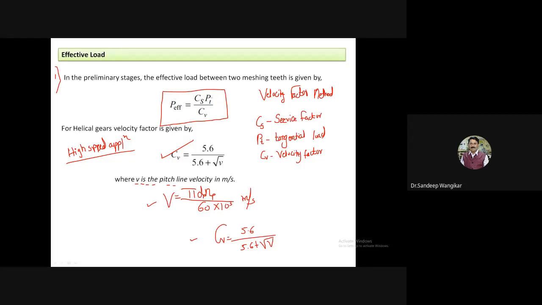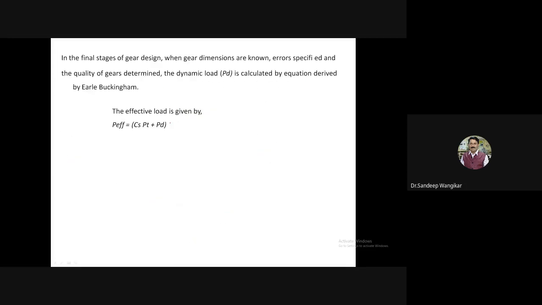So you will get the value of PT from this equation, and you will use the PT value for further calculations. Okay, so this is the effective load calculation in the preliminary stages of gear design by using the velocity factor method.